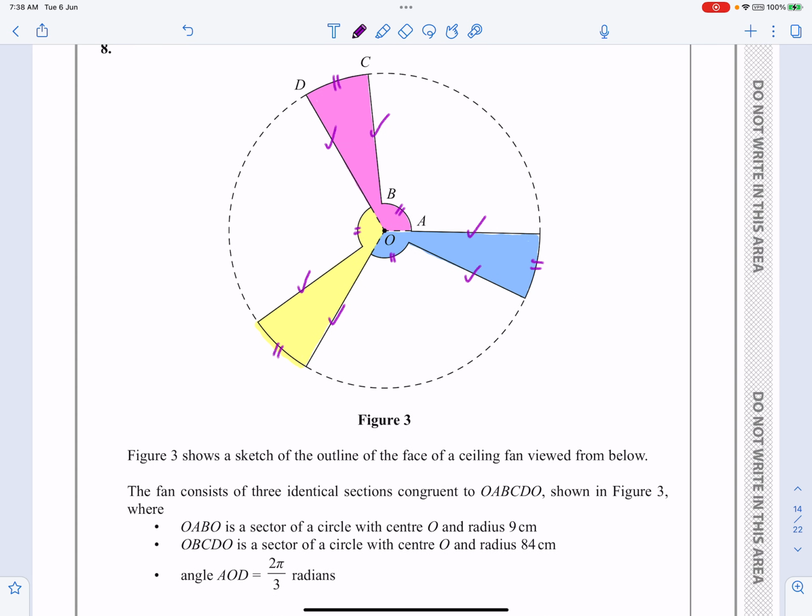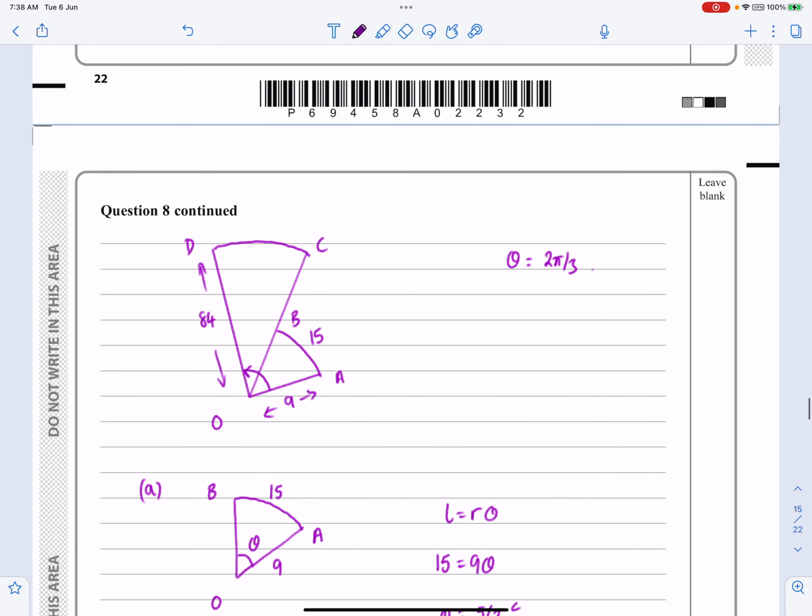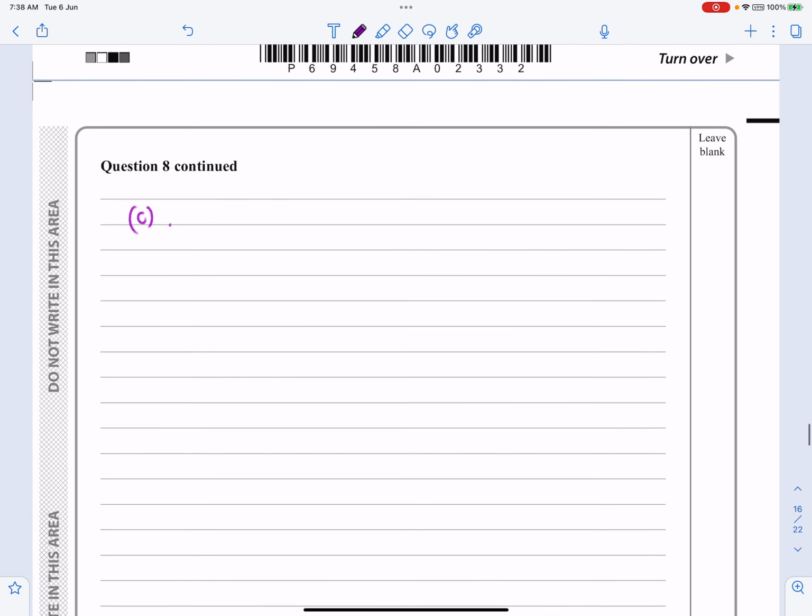Right, so if I want the area of this one then, actually, I'm going to go back and look at this. The area of this is simply going to be the area of one blade, which is one sector plus the other sector, and then you've got 3 blades, so just times that by 3 once we've got it. So, if I'm going to do that, let's just make it clear to the examiner what I'm doing.